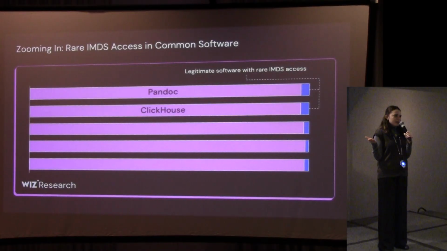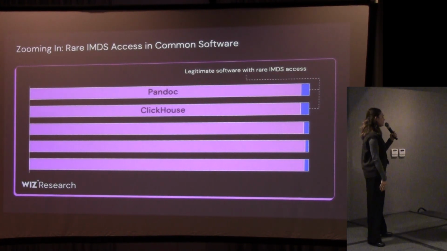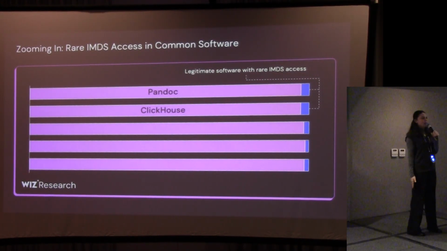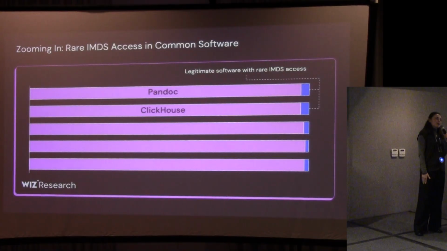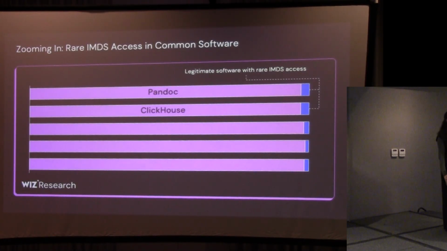And that anomaly, that tiny IMDS activity sliver, is what made us ask, why would a document converter or an analytics database ever need access to cloud credentials? Why would a flashlight app on my phone ever need access to my contacts? And after some digging, we came across some very unexpected stories, including a vulnerability and a live SSRF exploitation attempt, which leads me to our case studies.